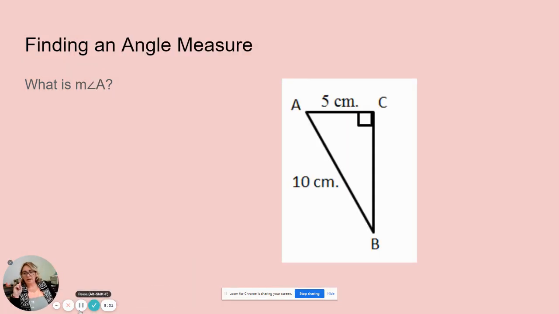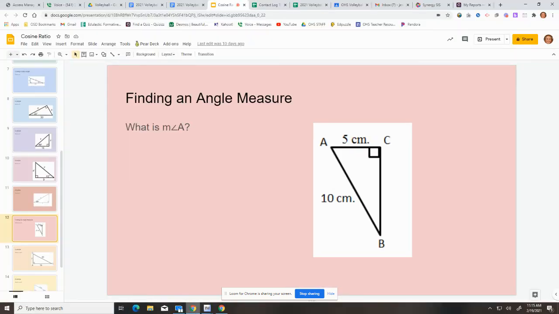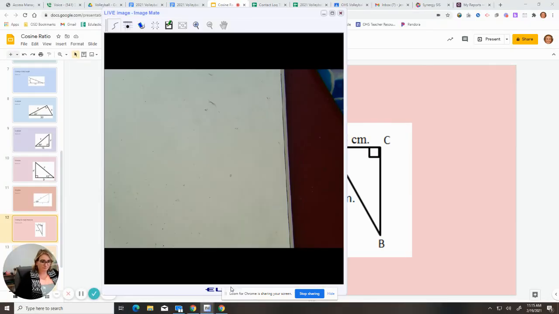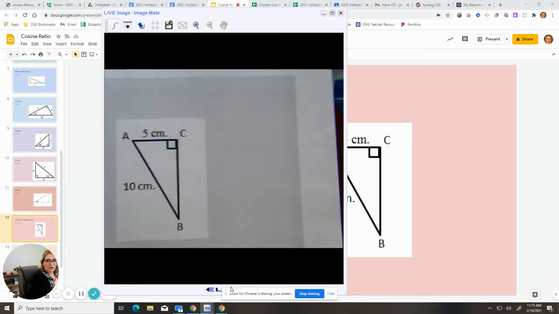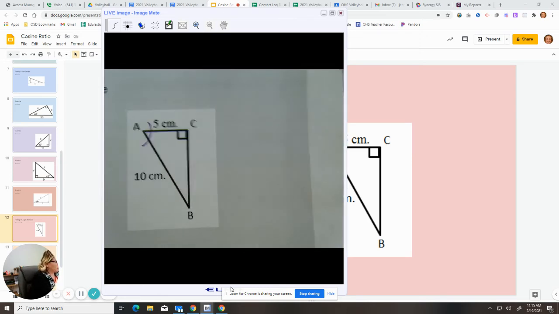Okay, so we've done a ratio, we've done a side length, and now we are going to do the angle measure, which is the same. Find your ratio, use your inverse or the cosine -1 to be able to find it. So we are going to first of all set this up. We are looking here for angle A. We know that this is the hypotenuse.